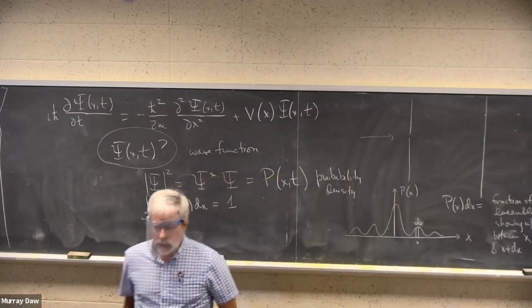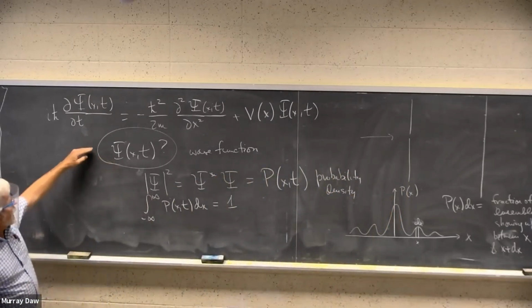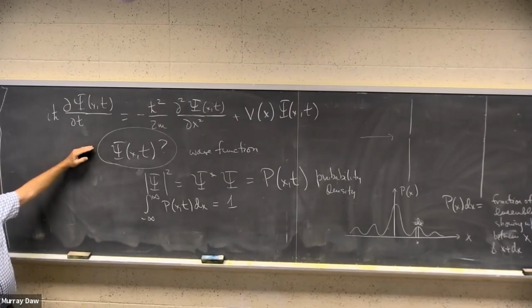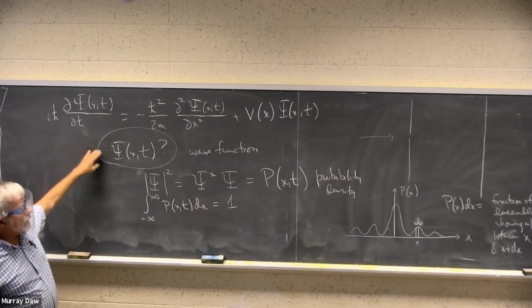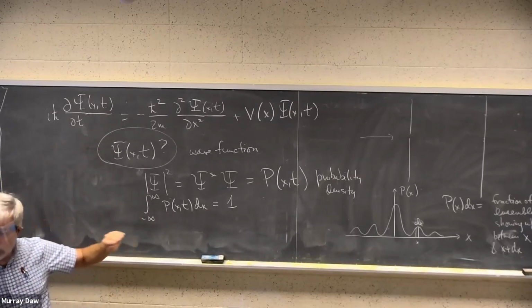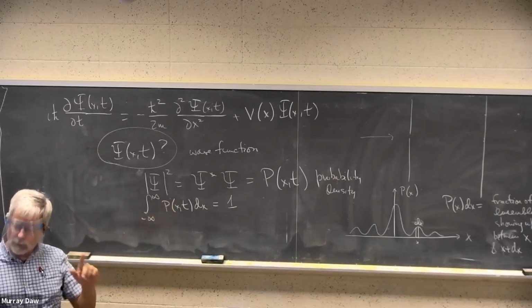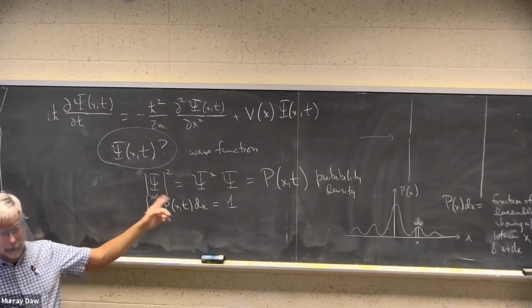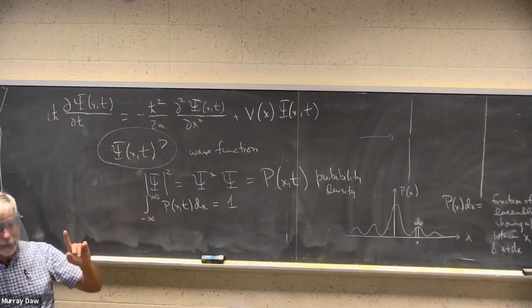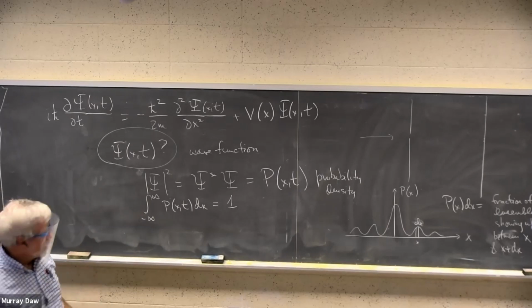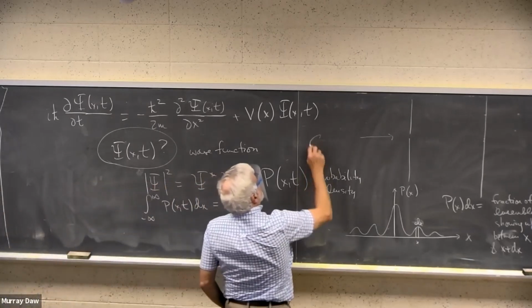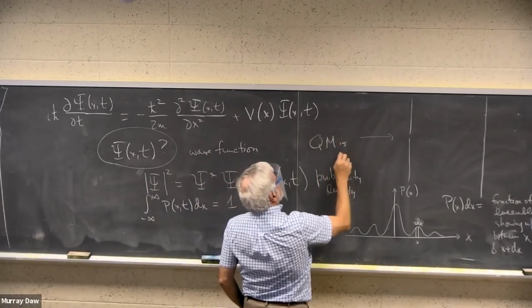Okay, so the wave function is that. It's a thing from which we can extract predictions relating to the experiments, but only for the ensemble. It's only a statistical theory. So quantum mechanics is statistics.